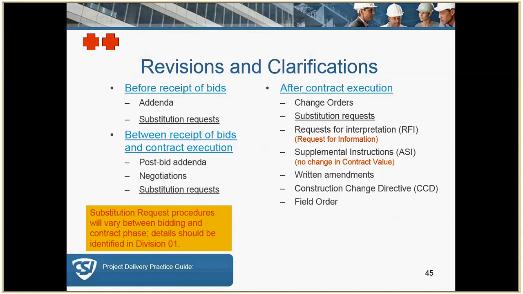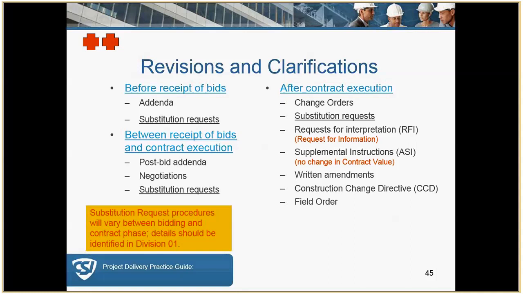Used to say that, after the bids are done in a private project, the owner and the contractor go in a smoke-filled room and hash out some particular changes. If you're not party to that, you need to find out what those changes are. And the best way to do it is to include it in a post-bid addendum. That way everybody's familiar with what those revisions are.